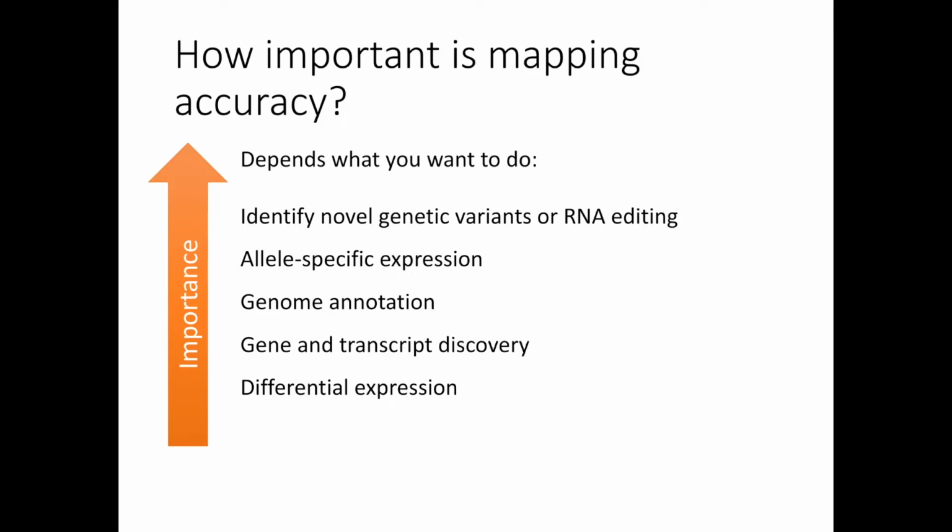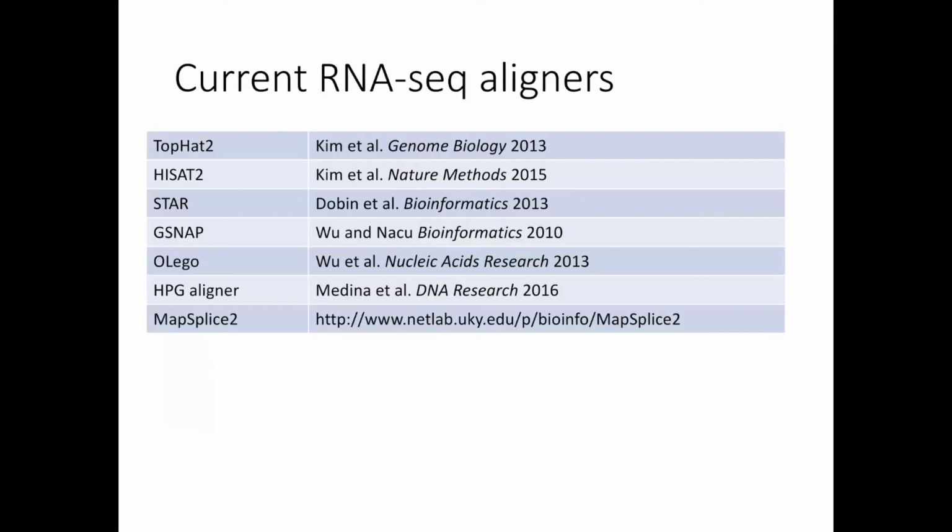So then it's more important to be very strict and very thorough in how you do the mapping. But for differential expression, which most people do, it's not a big thing. You can basically use any program and you will find some differentially expressed genes. So sometimes we get the question which programs to use.